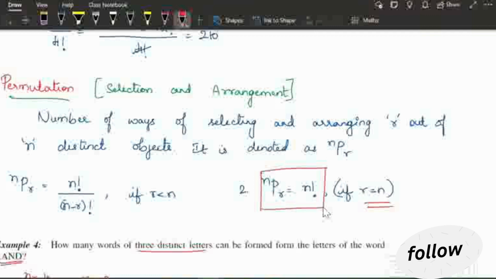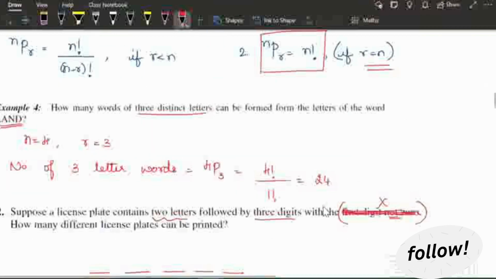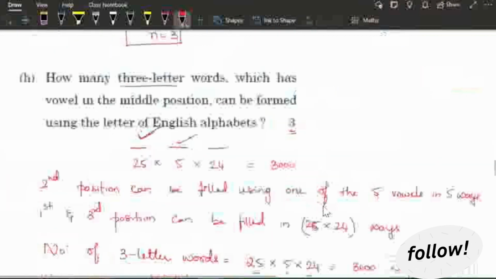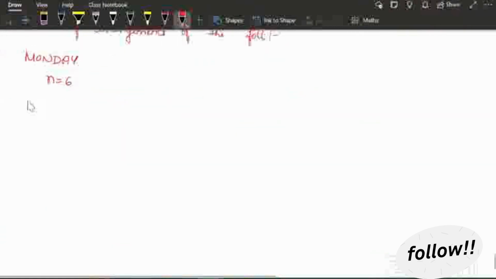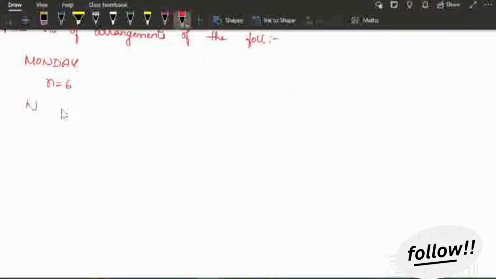If you're taking all numbers for arrangement, the formula is n factorial. So here n is 6. So the number of arrangements of the letters of the word Monday is 6 factorial, which is 720.